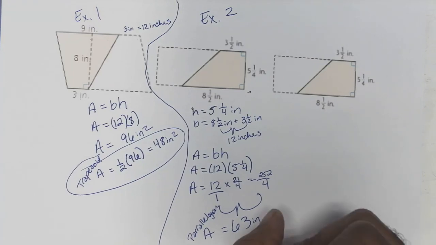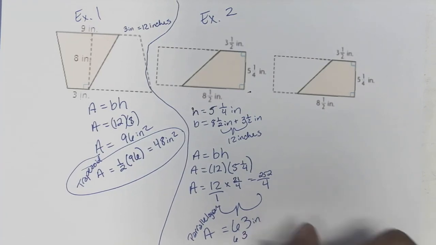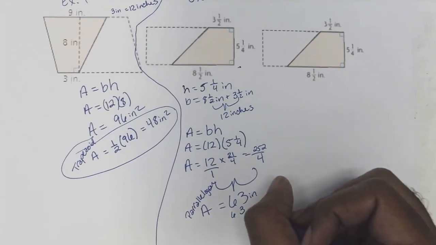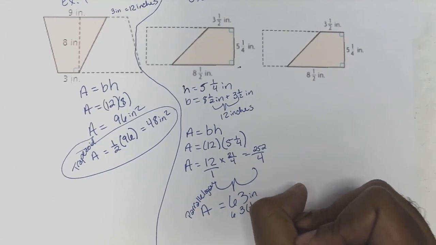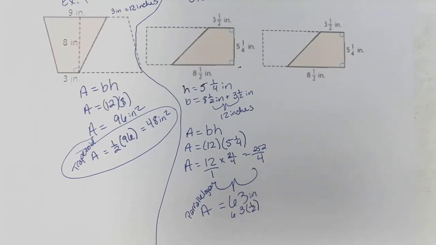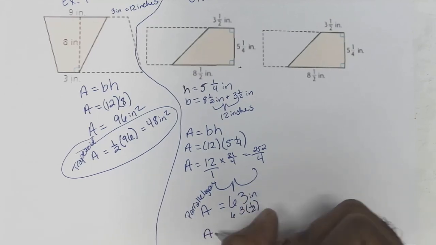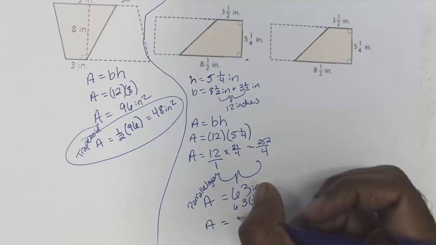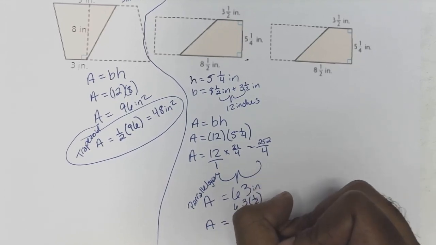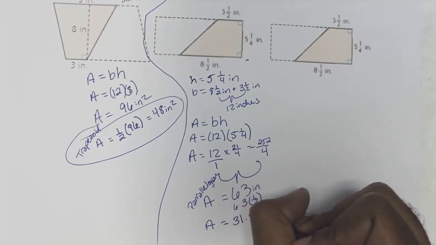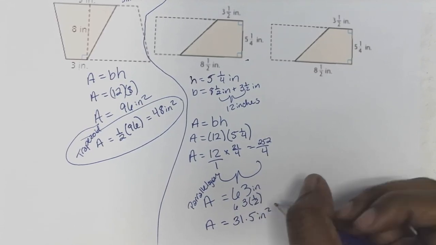So I can take 63 and multiply that by what? 1/2. So 1/2 times 63 is going to give me the area of my trapezoid, which is 31.5 inches squared.